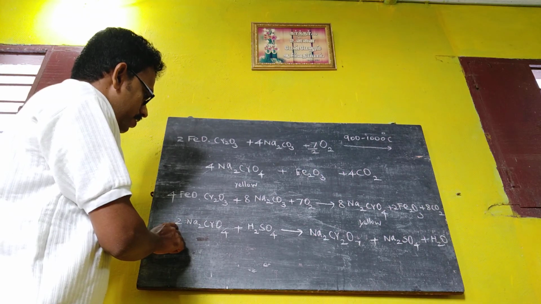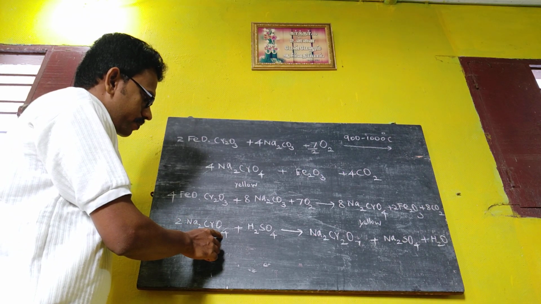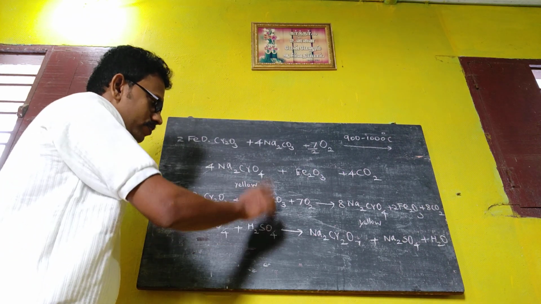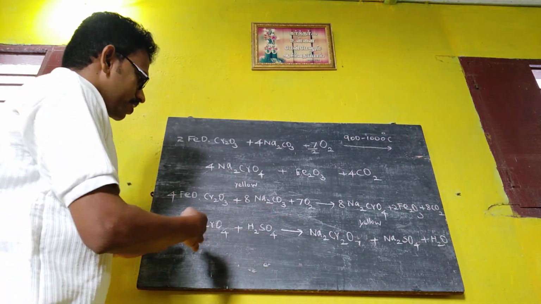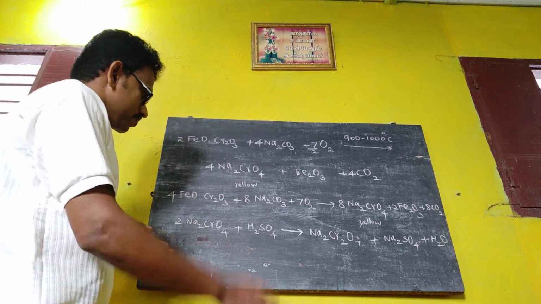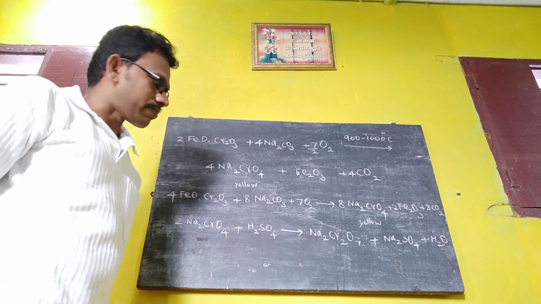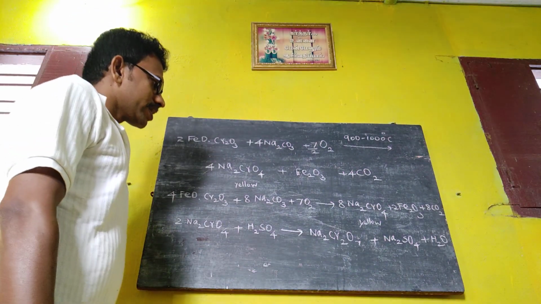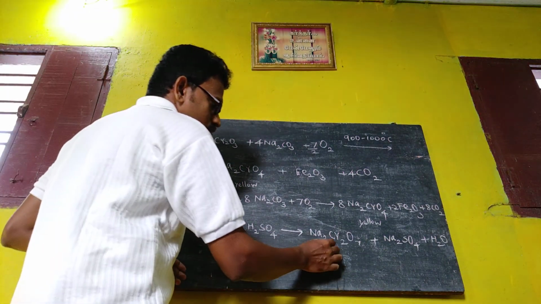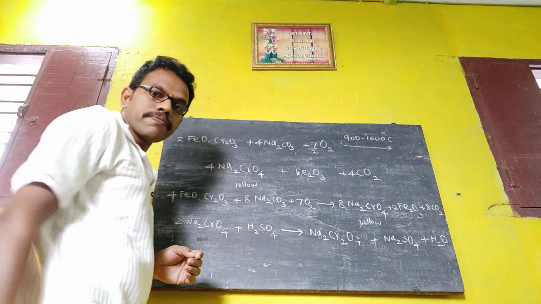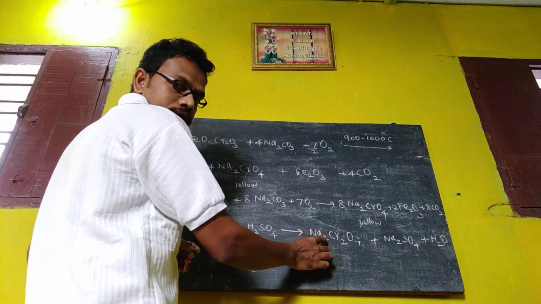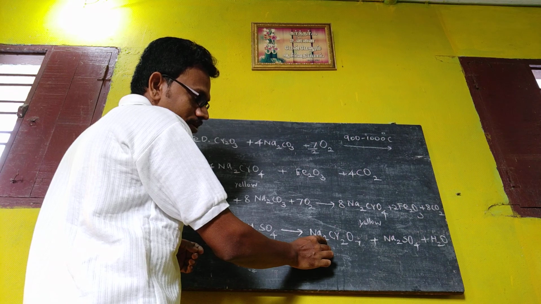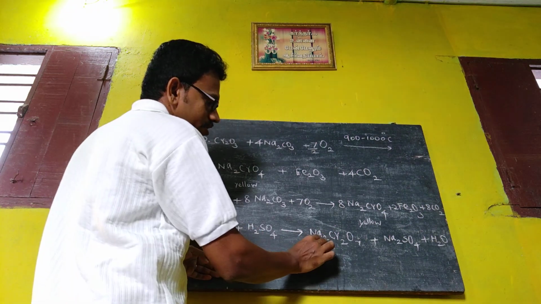Here 2 into 4, 8 plus 4, 12. So the remaining hydrogen, sulfur, sodium, chromium, everything is balanced. Okay. The second main product is sodium dichromate. The sodium dichromate color is orange red.